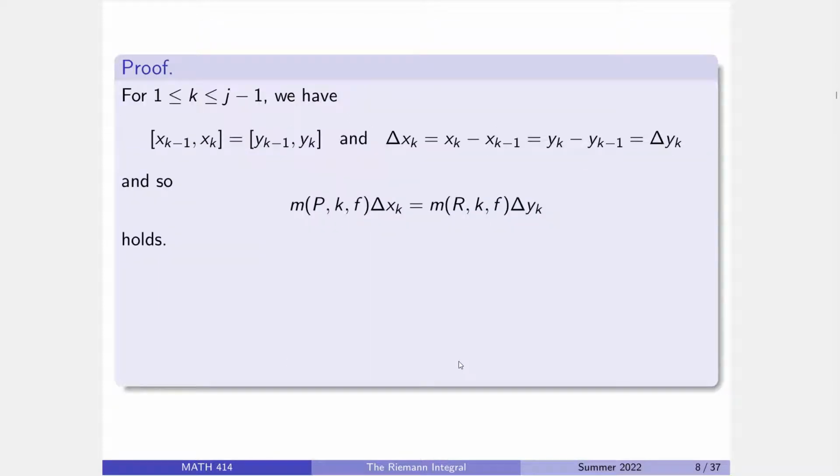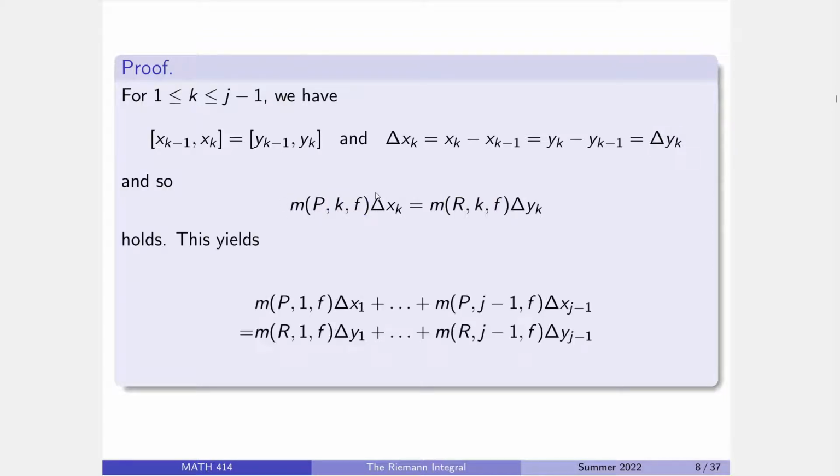So let's start actually writing out what I just said. So for k running between 1 and j minus 1, the subintervals for P are the same as the subintervals for R. The lengths of those subintervals are the same. The infimums of the function then must be the same. So we have equality.